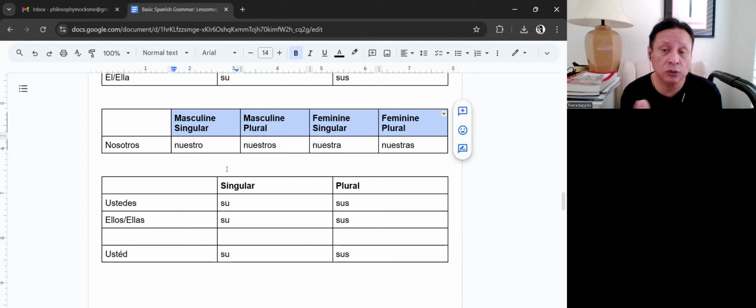Su, sus, for all of them. Context is usually very important when you're using possessive adjectives. But usually you've already mentioned the noun, or it's very clear from conversation. And if it's not, then you have to make it explicit. But we're just going into the grammar here.